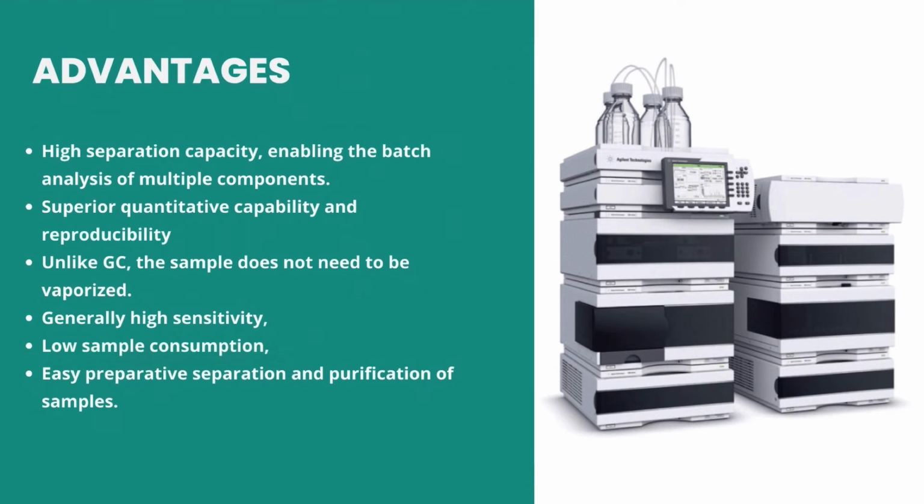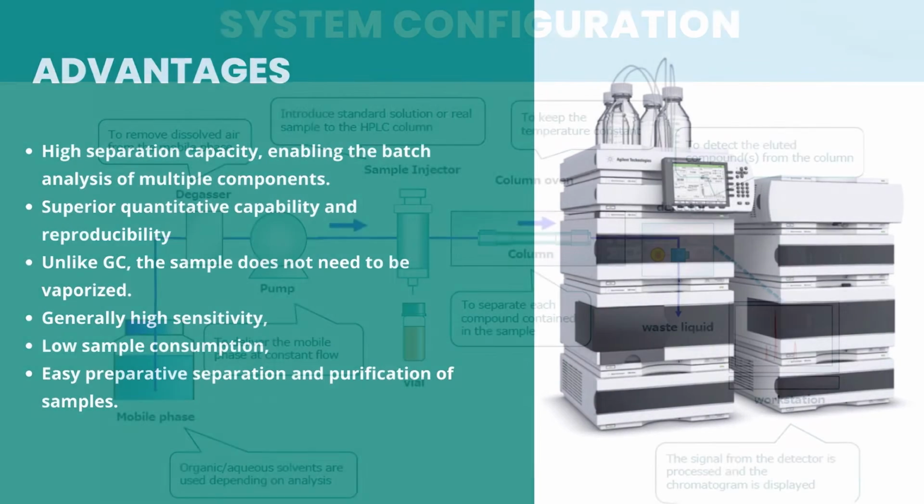Low sample consumption, so even a small amount of sample can produce enough results to determine the constituents of the mixture. Easy preparative separation and purification of samples, so we can purify or separate things very easily, and there is not much effort needed to prepare the samples and make them ready for analysis.